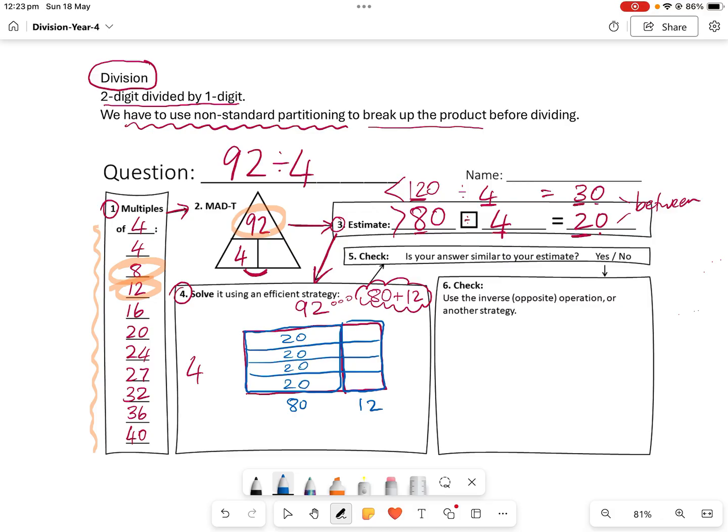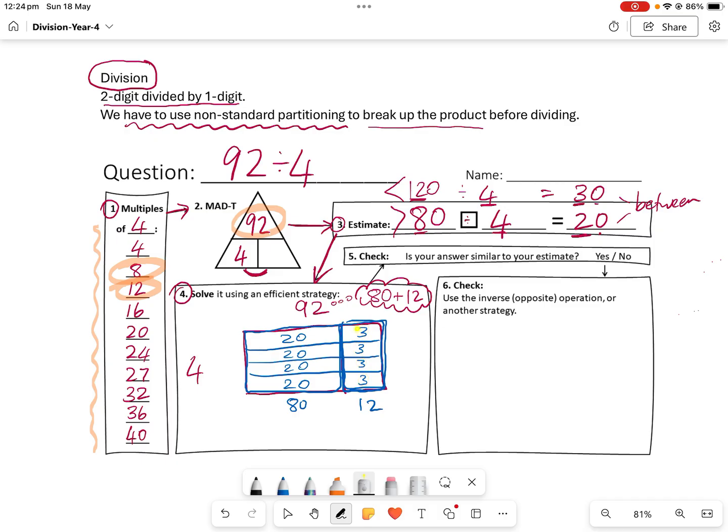That makes sense? 20, 40, 60, 80. Now this part here is worth 12. I'm dividing it by 4. 4 whats are 12? 4 3s are 12, aren't they? So I can go 3, 6, 9, 12.